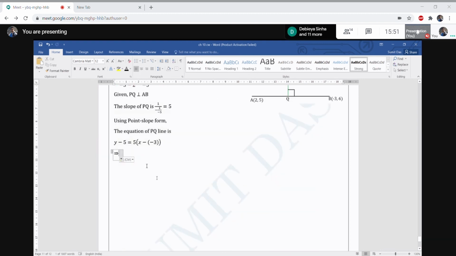If you simplify here, you will get y minus 5 equal to 5 into x plus 3. Then y minus 5 equal to 5x plus 15. Next line, take all the things to the right side. It will be minus y plus 5 equal to 0. So ultimately it will be 5x minus y plus 20 equal to 0.